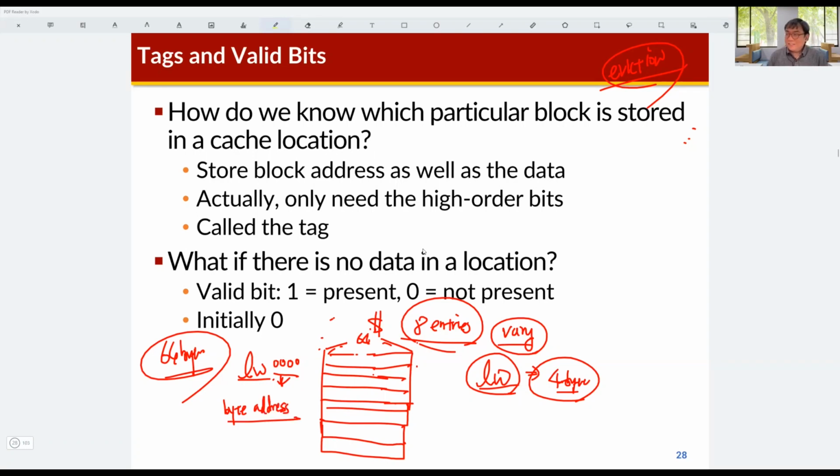We learned the byte address in chapter 2: every byte in the main memory is assigned an address. The load word requests 4 bytes of data, that is, from address 0000, 0001, 0002, 0003.